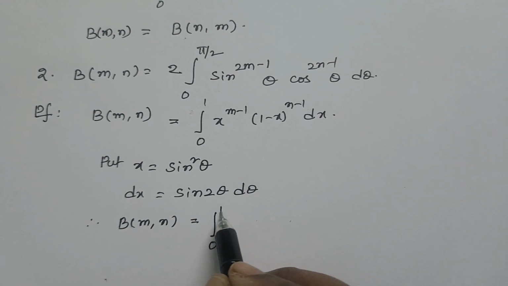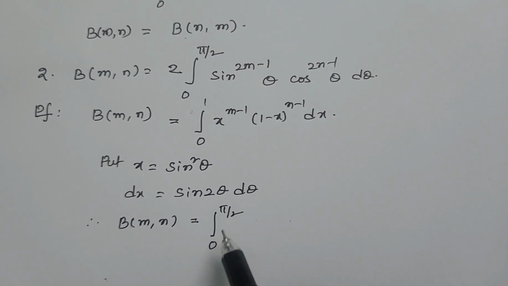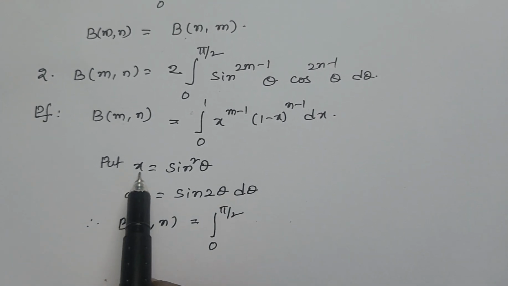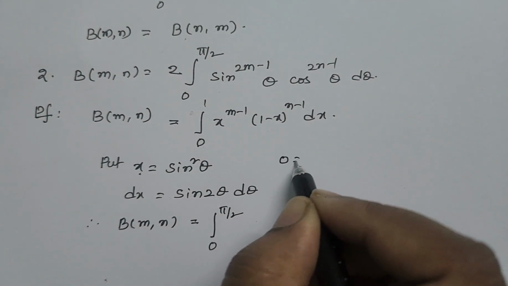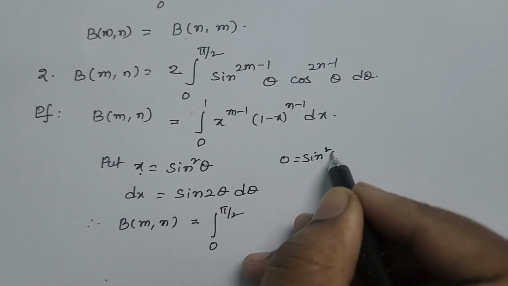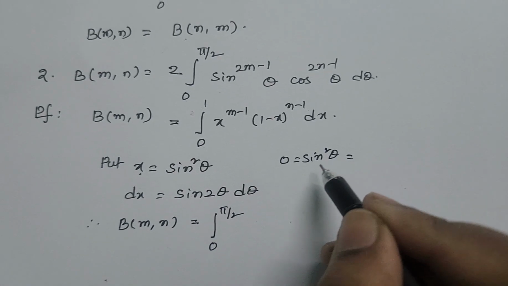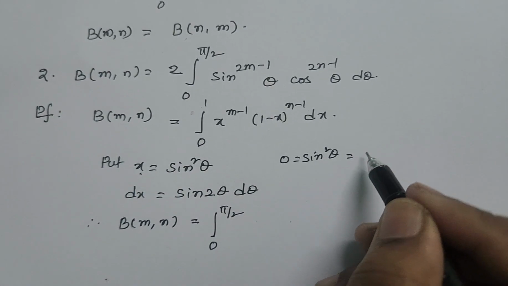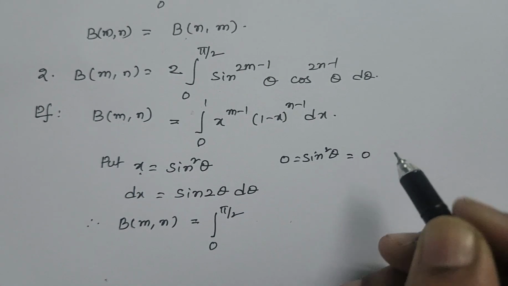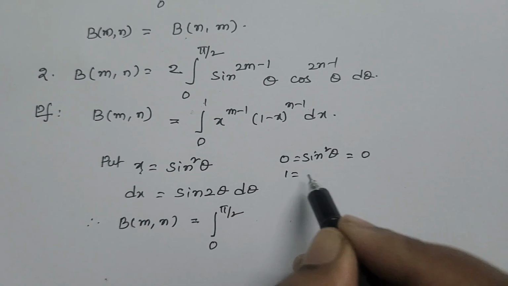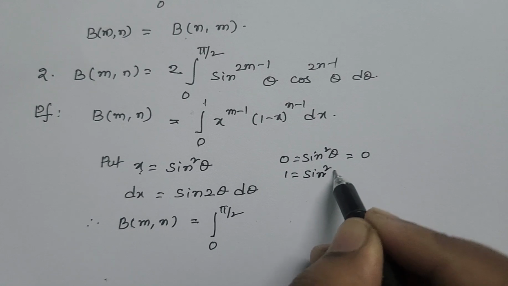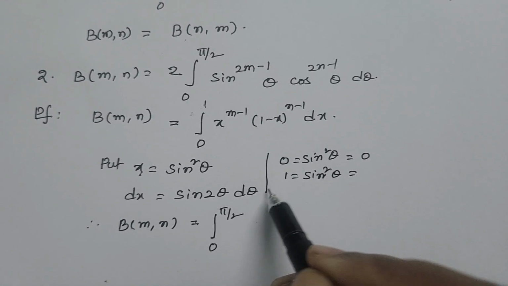So therefore beta m, n equals the integral from 0 to pi by 2. Why are we writing 0 to pi by 2? In place of x, if we put 0 equal to sine square theta, then theta is 0. And if we put 1, 1 equals sine square theta. When will we get sine theta as 1?